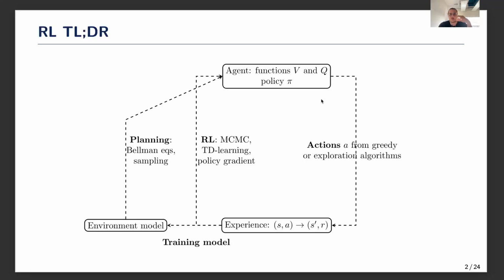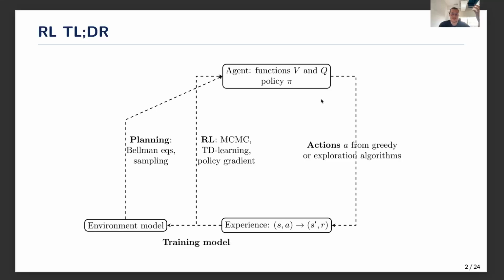This includes solving Bellman equations, sampling trajectories, for example, in Monte Carlo tree search or Dyna. We will discuss Monte Carlo tree search at the end of our lecture today. And this is sample efficient, but depends on the accuracy of the model. So the bottleneck of this approach is the model.